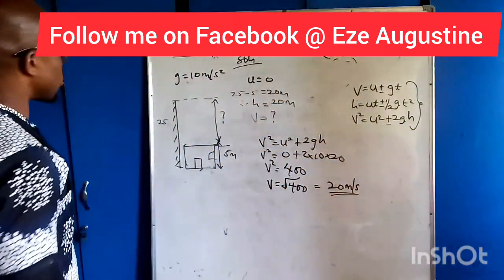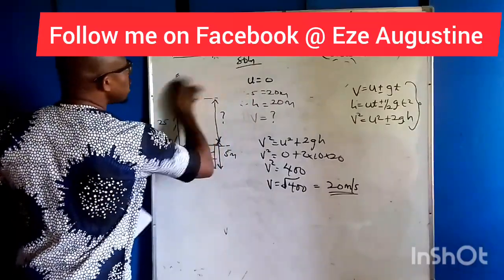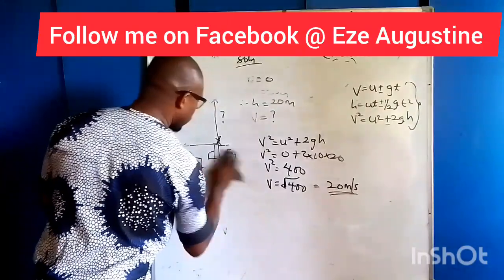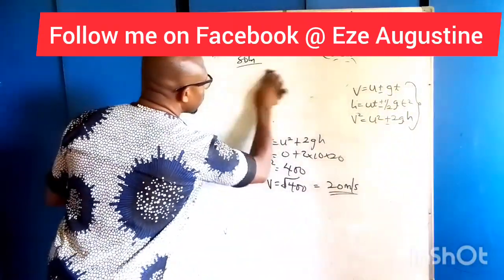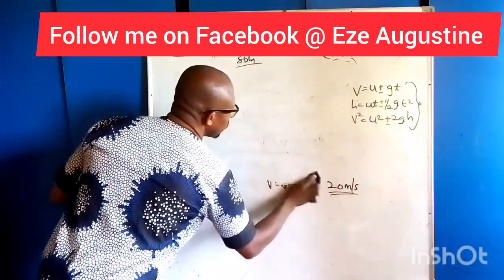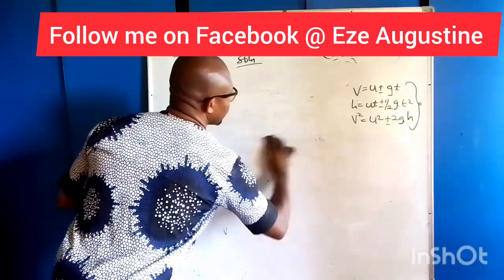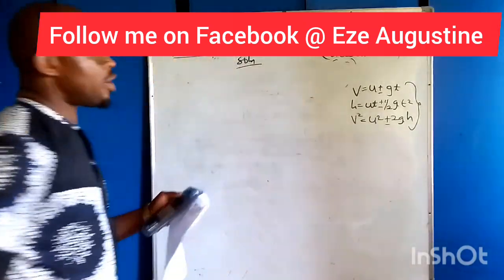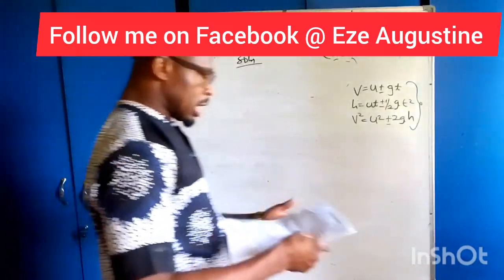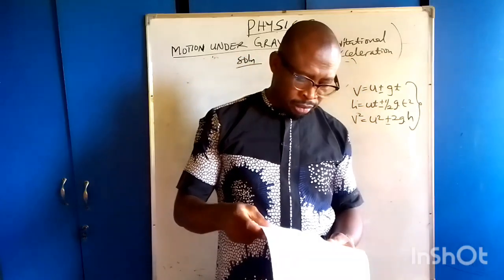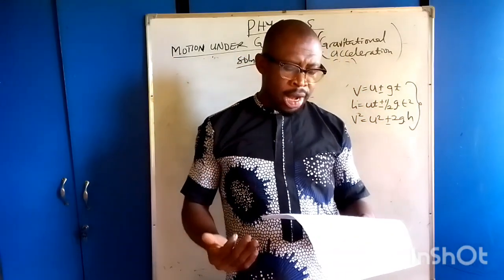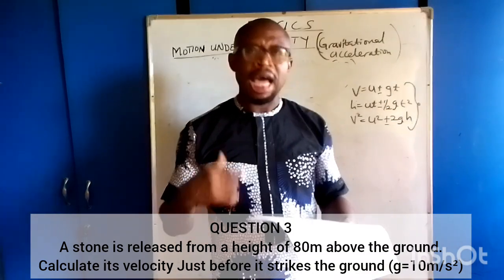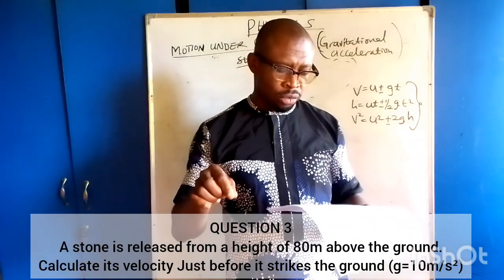Okay. We now take a third question. Now we have this question that says, a stone is released from a height of 80 meters above the ground.